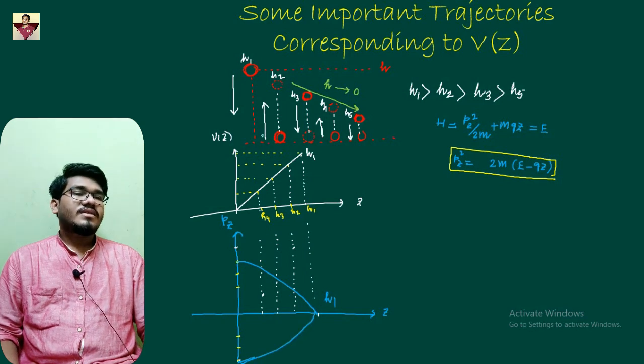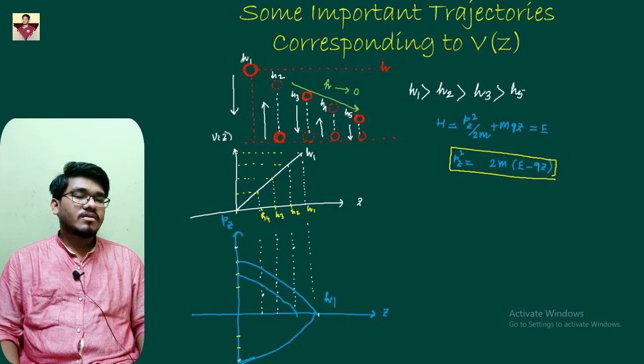Then it will bounce up, but for the bounce up the direction will shift toward this, so it will start from here. So there is a sudden jump, then again it will come to the ground, then start with another velocity, so the height will be less, and it will again reach this point. So these are the set of trajectories.